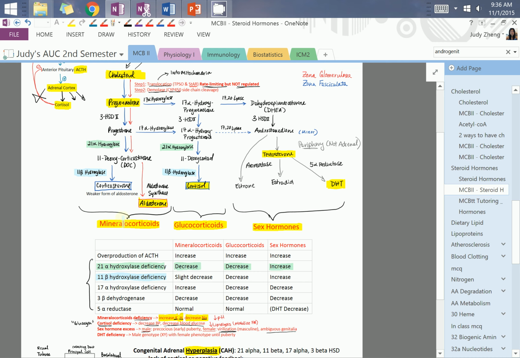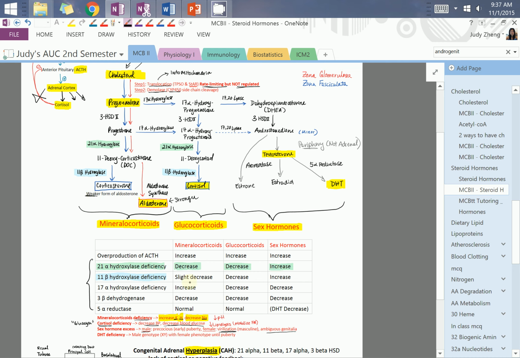the effects on mineralocorticoids is a little bit less than the 21 alpha hydroxylase, because the most potent form of mineralocorticoid is the aldosterone, and that is not affected by the enzyme 11 beta hydroxylase. So this one is still okay. So this is the stronger one. And this is the weaker one. Corticosterone.